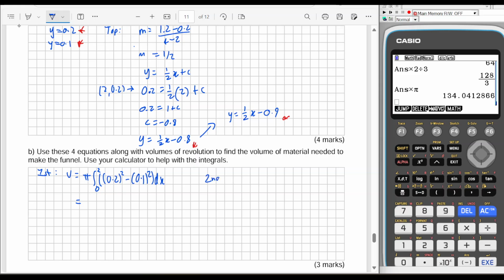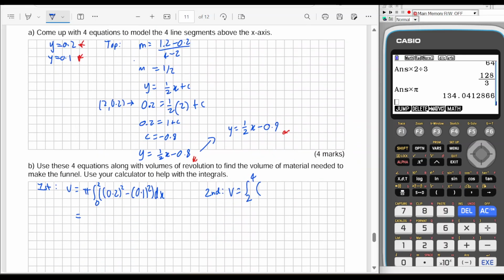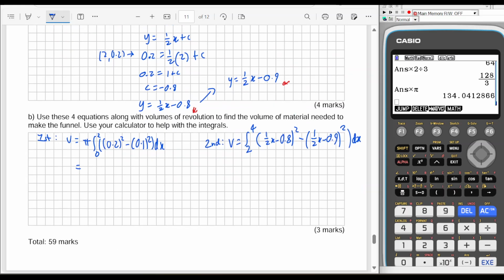And our second equation, the volume is, well, we're integrating from 2 to 4, and we're looking at the top equation is half x take 0.8 squared, and half x take 0.9 squared. So those are the 2 integrals we're supposed to do, and then we can just do those in integral mode on the calculator. So we'll chuck a pi out the front.